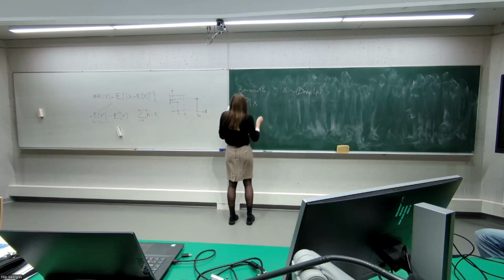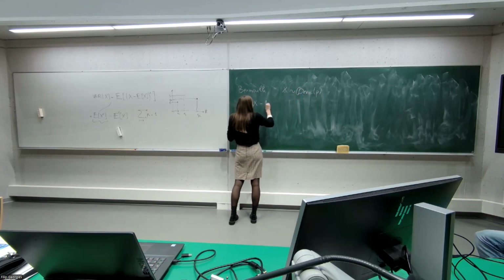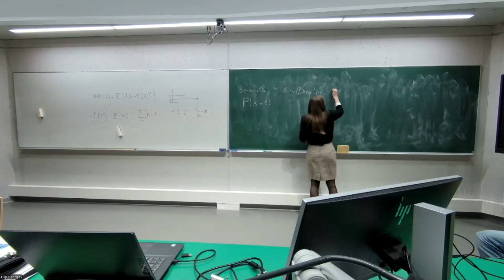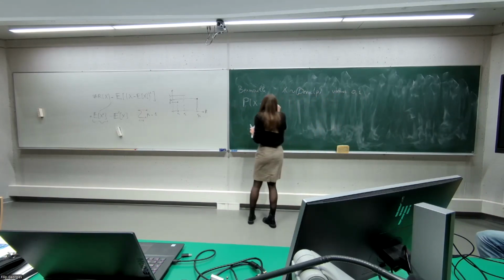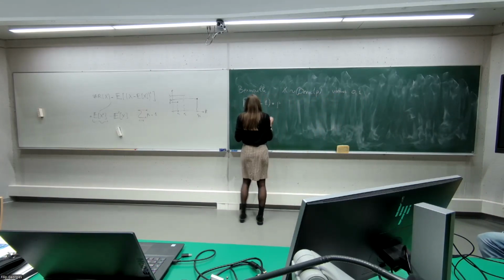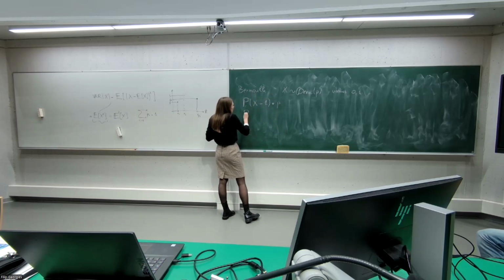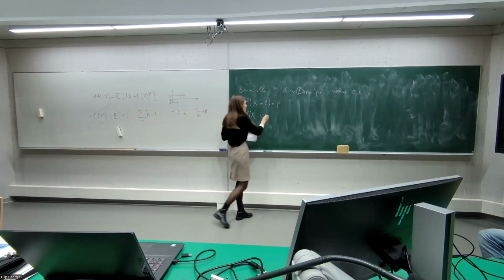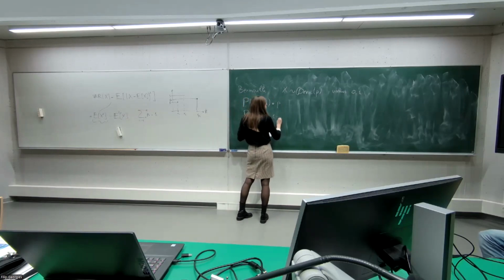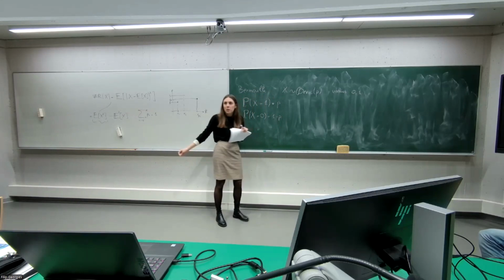It's a distribution such that X takes values just 1 and 0. The probability of getting 1 is p, and the probability of getting 0, since the weights have to sum to 1, is 1 minus p. The sum of these should always be 1.